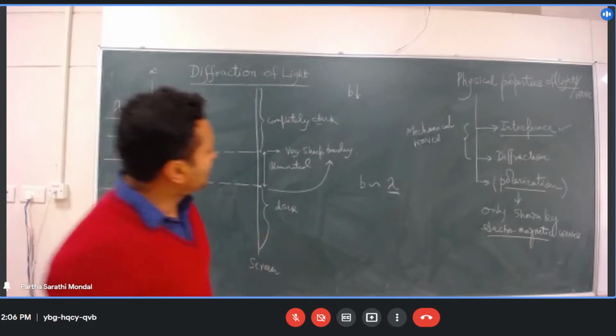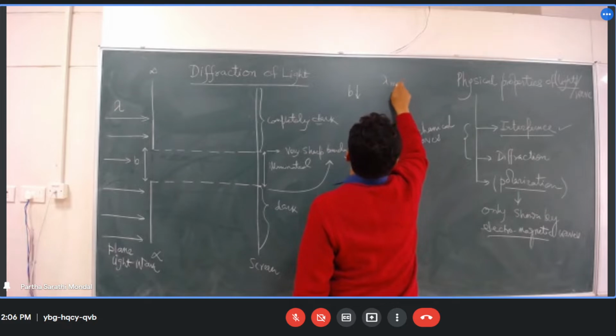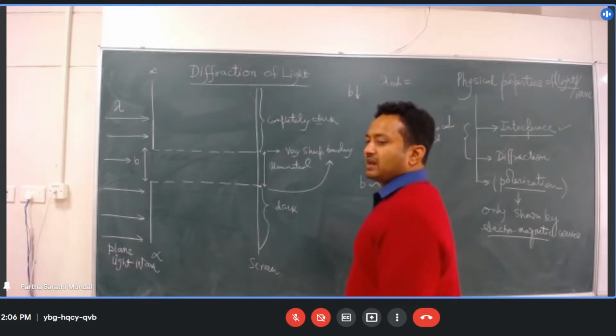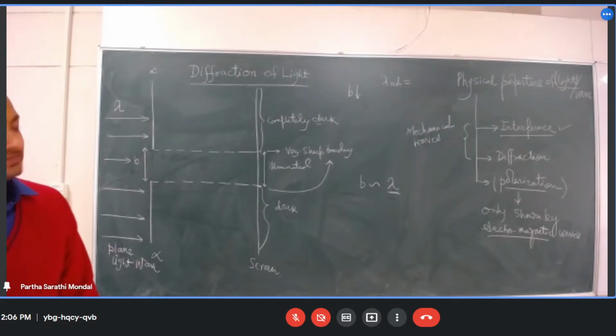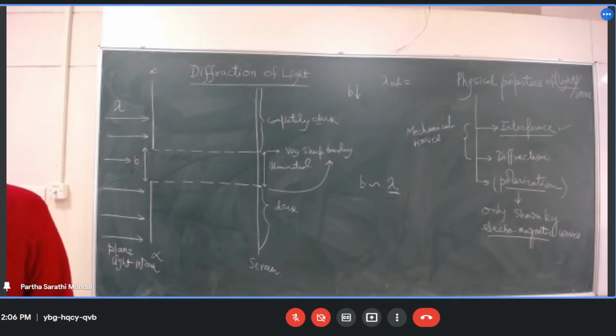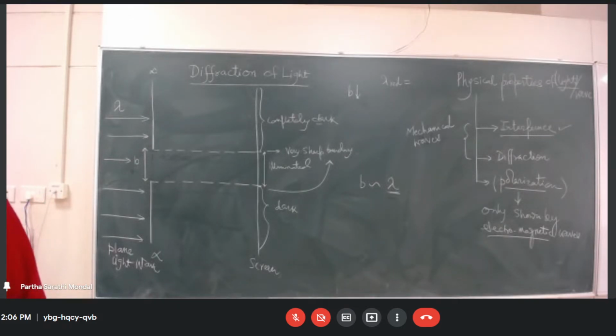Suppose, what is the lambda of red light? Let's say lambda red is how much? What is the wavelength of red? 350 nanometer?